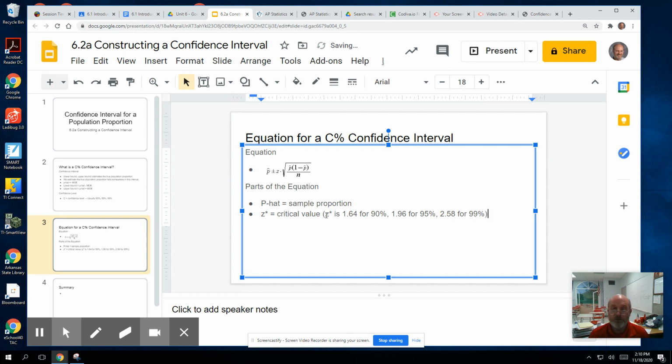We may be asked to construct a confidence interval for a 92% confidence level, and I'll show you how to do that in the next video. But these are the common ones for the 90%, the 95%, and the 99% confidence levels.